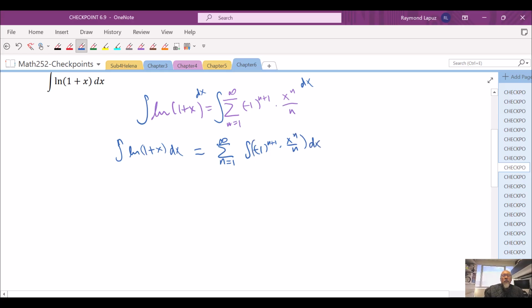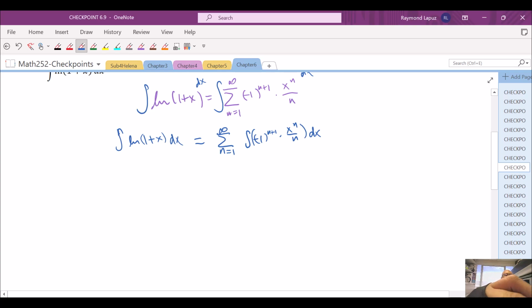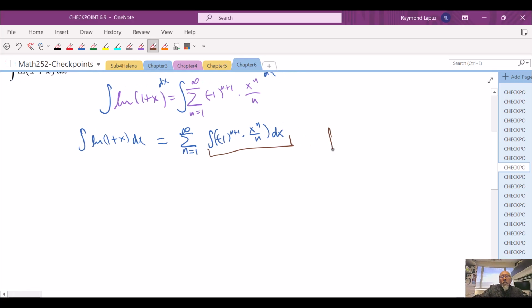Okay, so this is the part that we're really working on right here, finding this antiderivative. Let's take that off to the side here. Integral of -1 to the n plus 1 times x to the n over n dx. And then we'll put it back into the sum figure here.